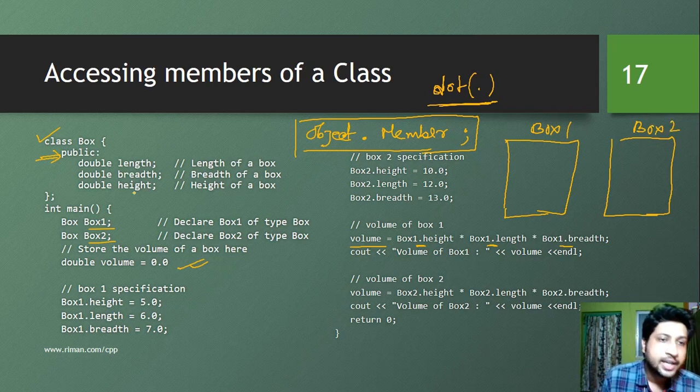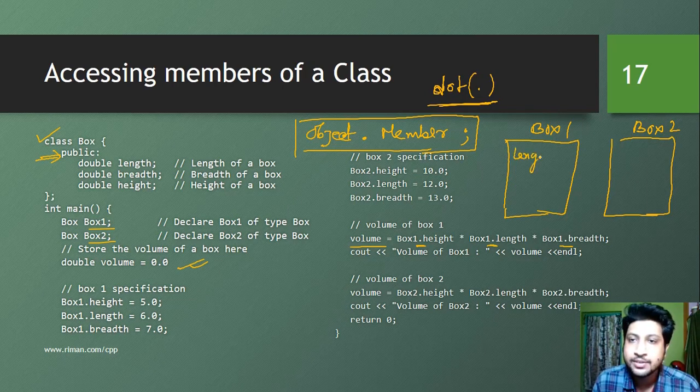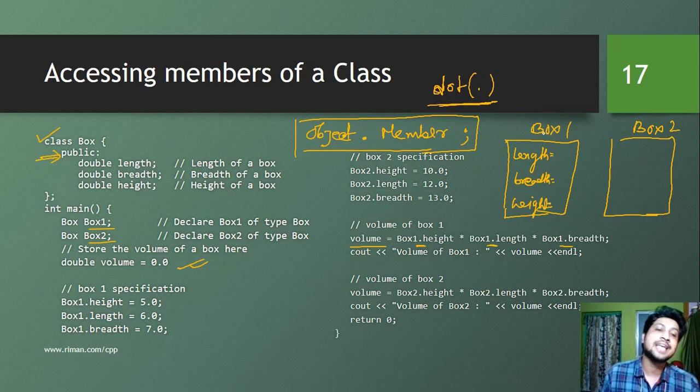These data members are also called instance variables. They will have their own space: length, breadth, and height. Both of these boxes have their own length, breadth, and height, that means they have their own instance variables. So here also we have length, breadth, and height.